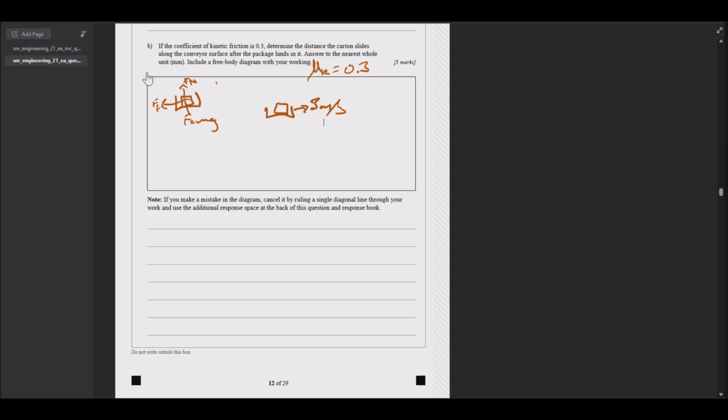And what we're going to do next is the friction force. So the friction force is going to be mu k Fn, which is 0.3 times mass times gravity.